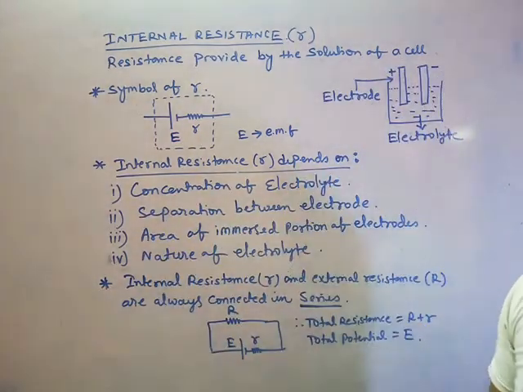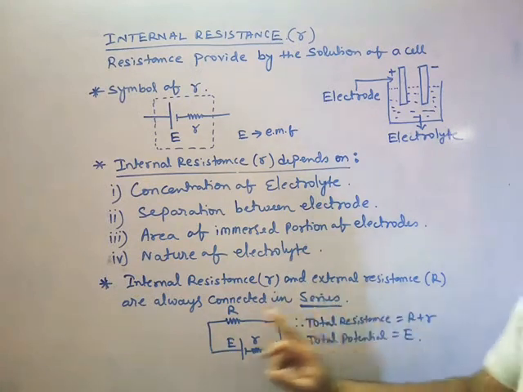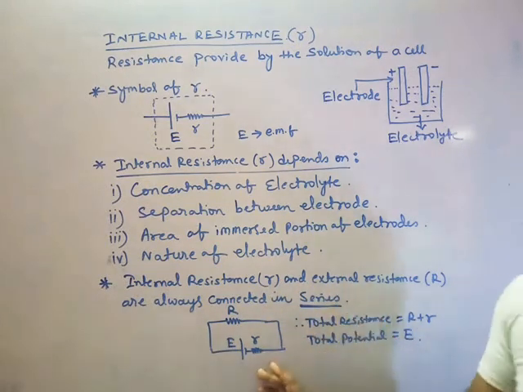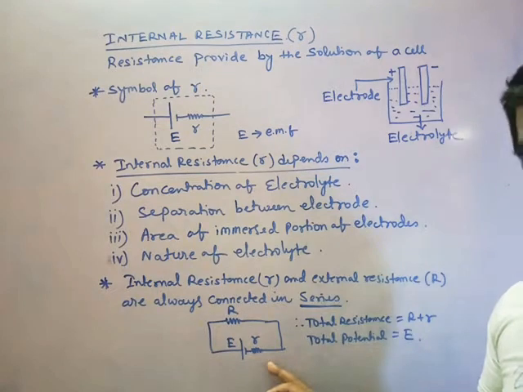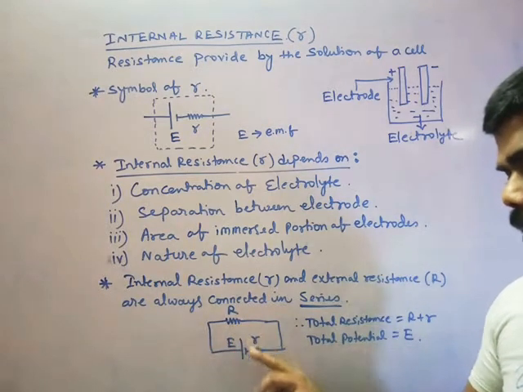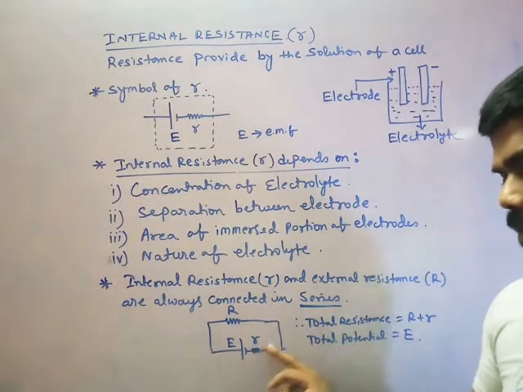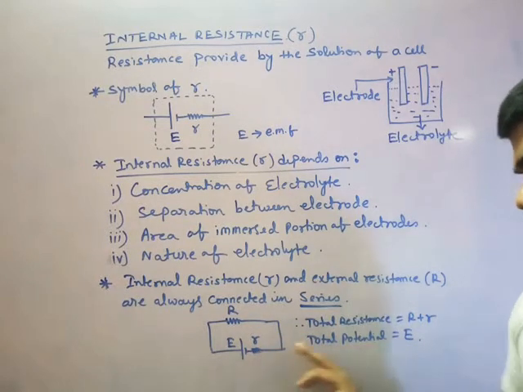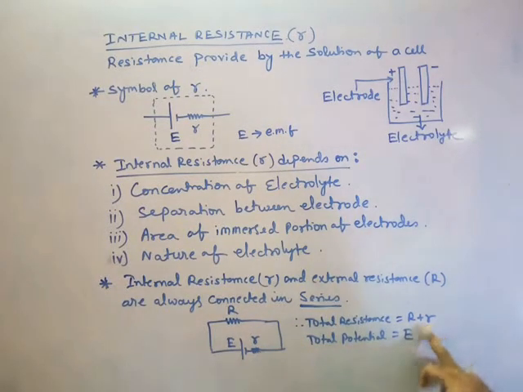Keep it in mind. Internal resistance and external resistance are always connected in series. Let me say the example is this. अगर ये external है और ये internal ये cell के अंदर है, तो they are always connected in what? Series. Keep it in mind. So total resistance here it is R plus small r.